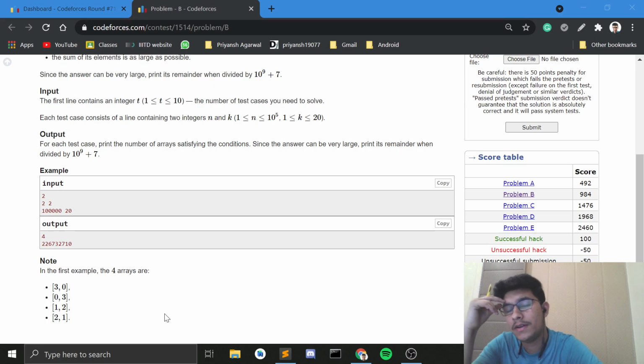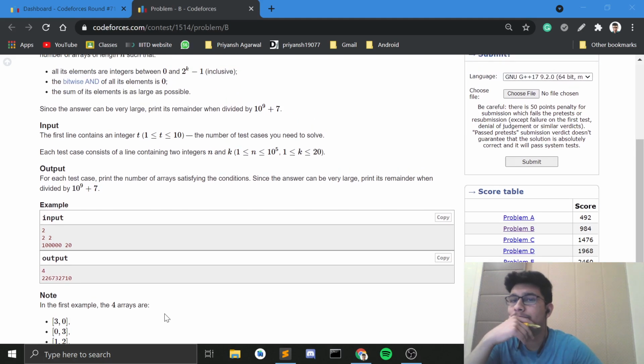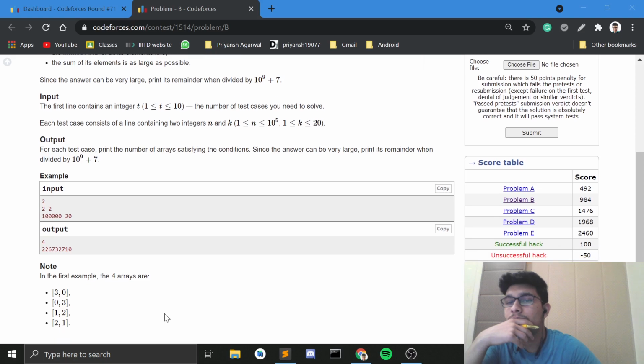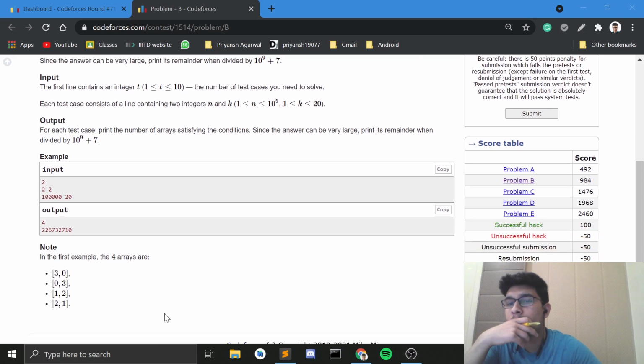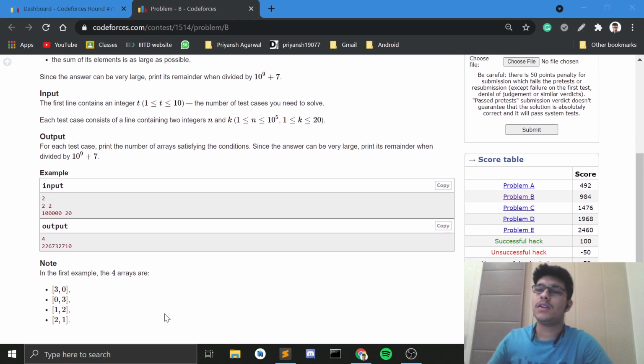Okay, great. But if I just select the bits here, each bit can go in any of the positions.